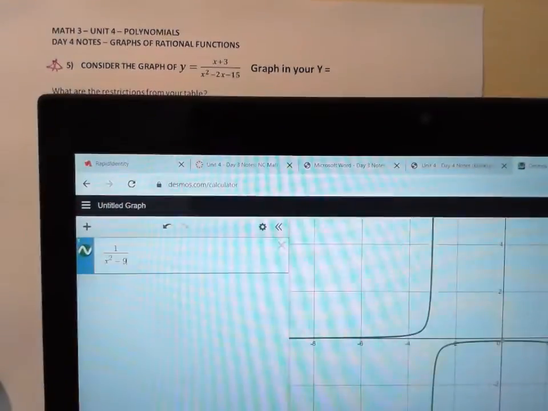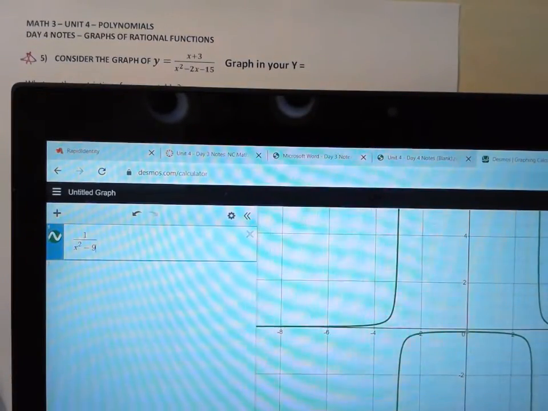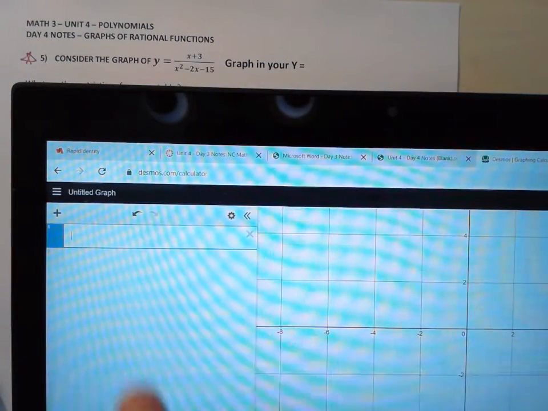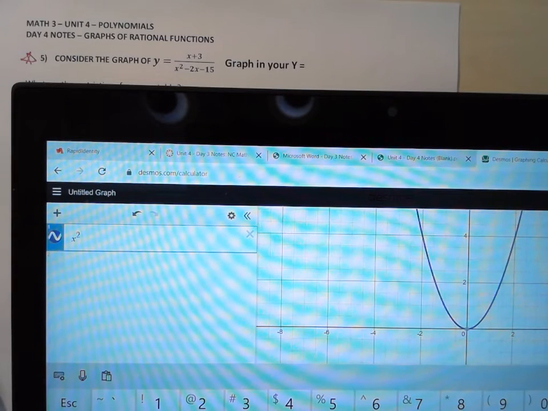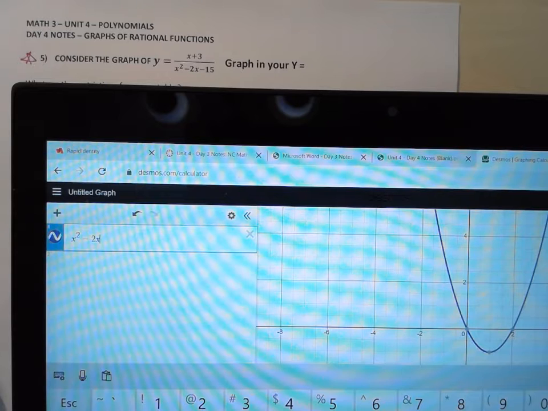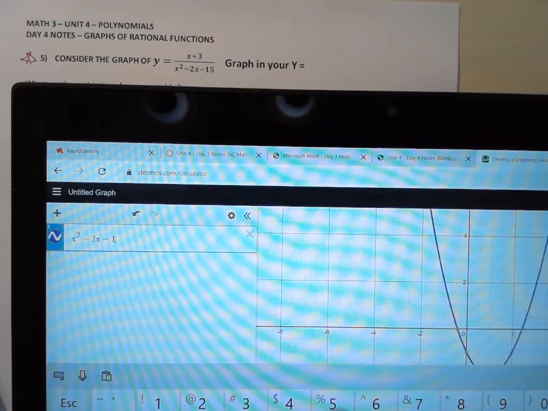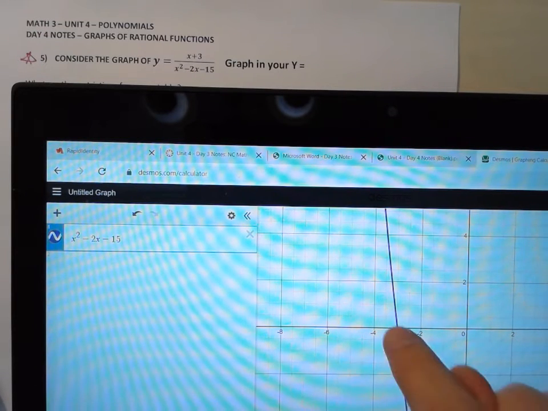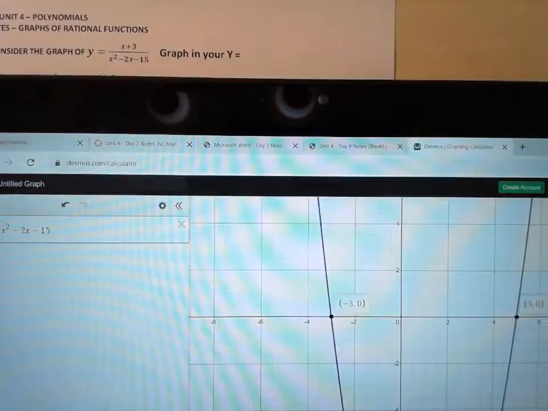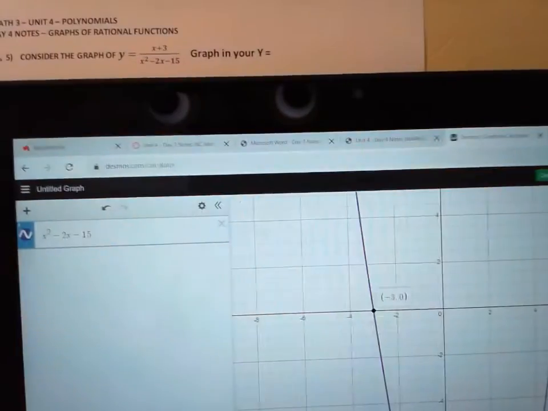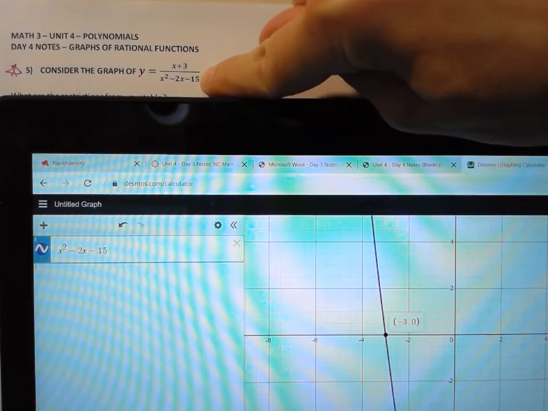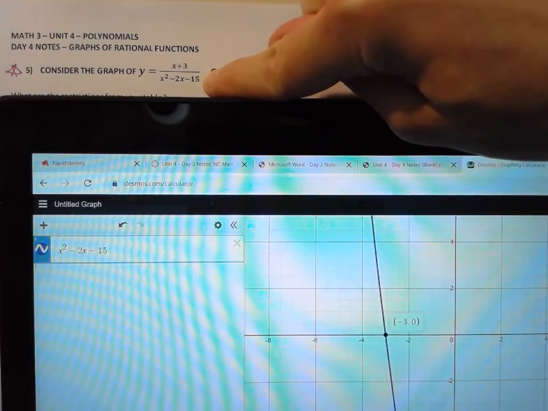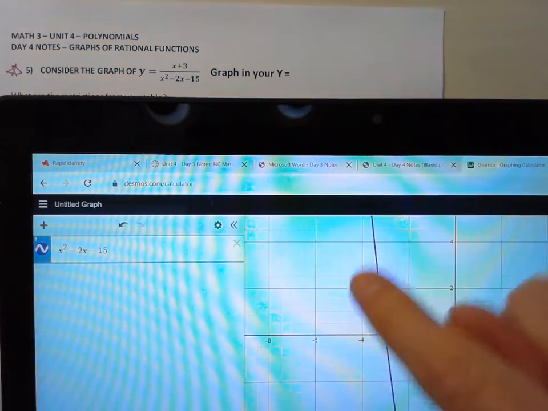On this problem here, notice that there's an x squared on the denominator. In fact, if I just did x squared minus 2x minus 15, you can see that it gives me zeros at -3 and +5. And those are both numbers that I'm not allowed to divide by, because if I plugged in -3 or +5 in the denominator, it's going to give me 0. Can't divide by 0.